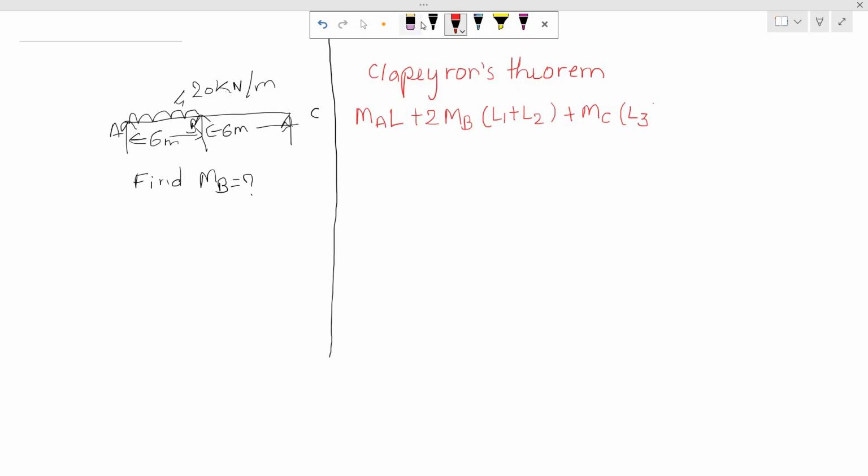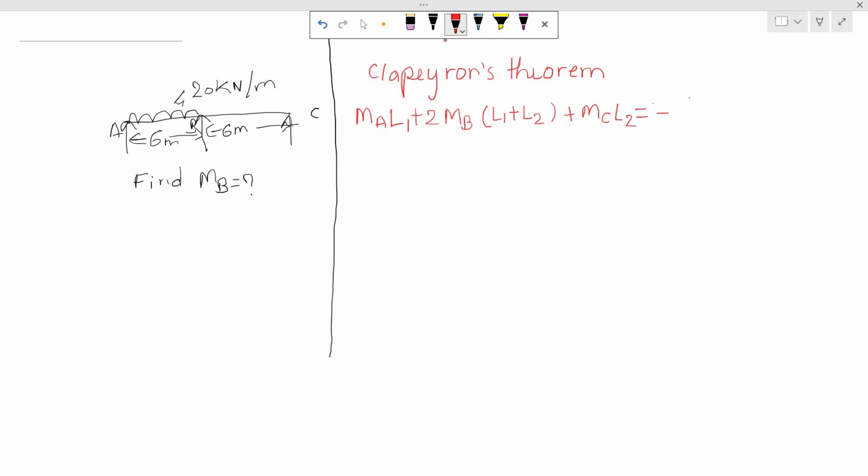Sorry, this will be L2, right? This is L1 and this is L2, because there are only 2 spans, so this will be L1 and this will be L2, right?